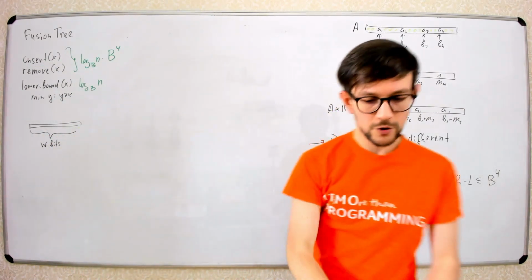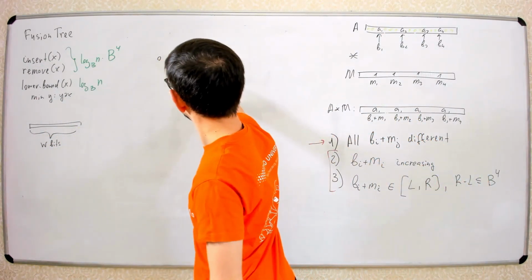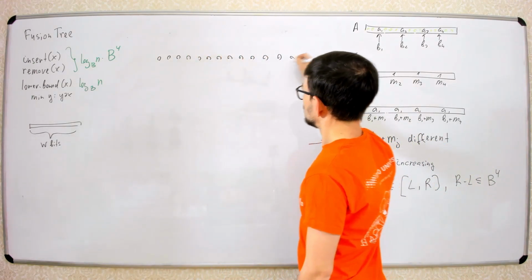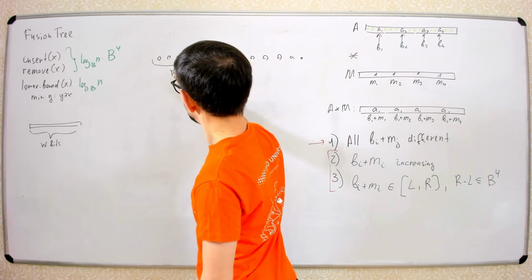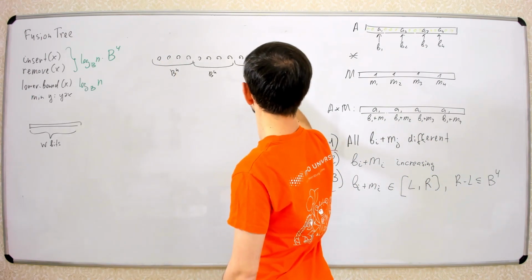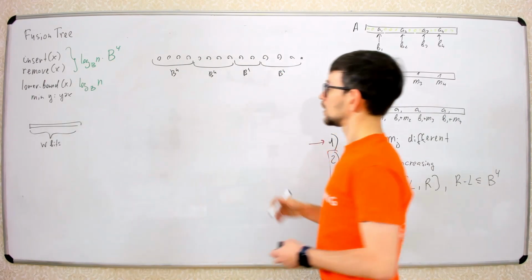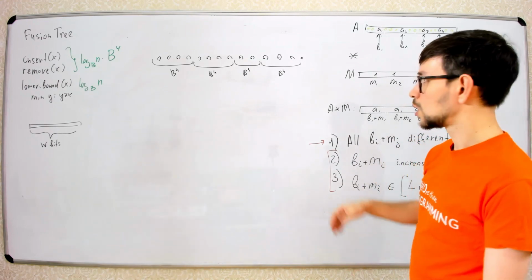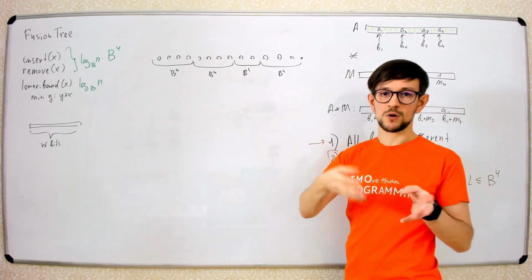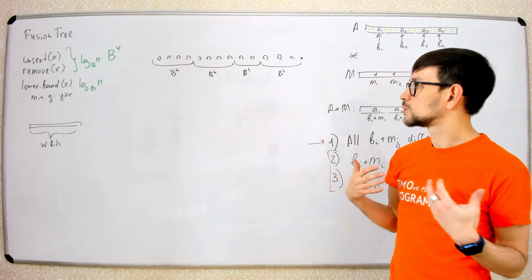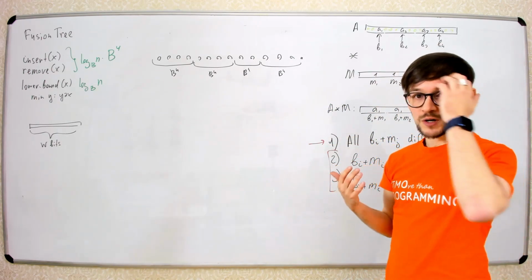Again, you have all your elements, and you split them into groups of size b to the power of 4, and apply the same technique as in B-trees. When a block is too big, you split the block. When a block is too small, you merge the blocks and so on. So again, that's the same trick.